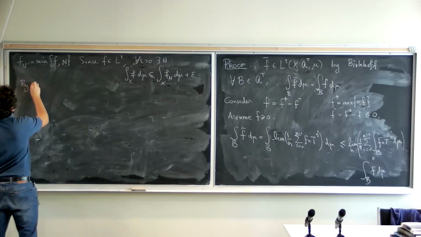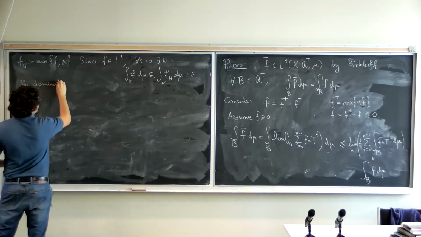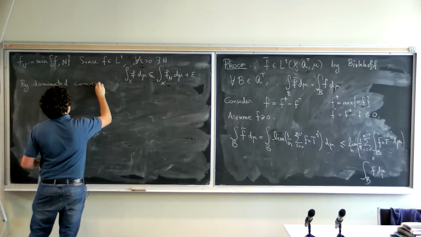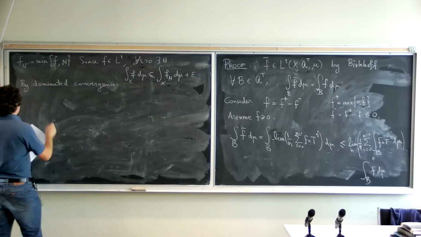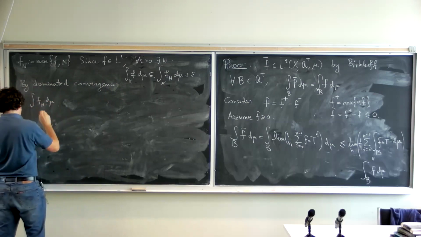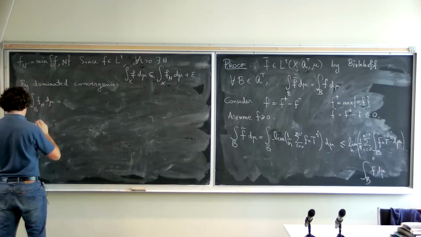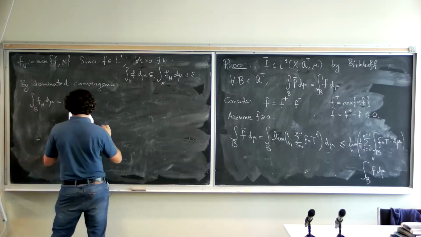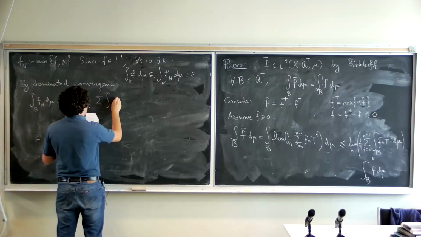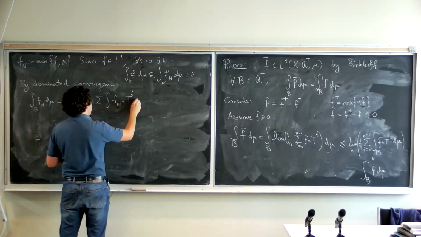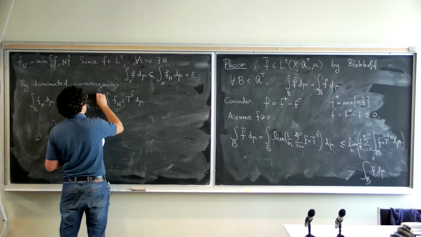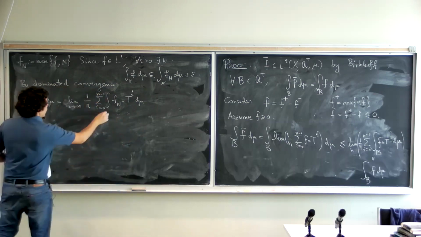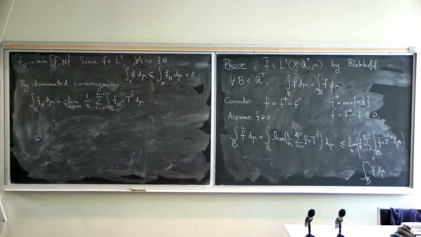So by dominated convergence, the integral of Fn dμ over B is the limit as n goes to infinity of 1 over n times the integral of Fn composed with T^i dμ. Right, this is not even dominated convergence.